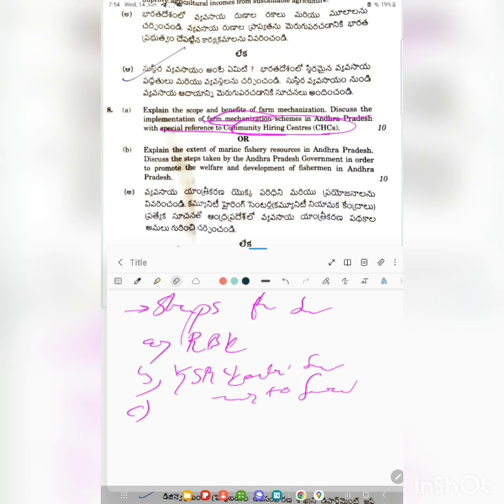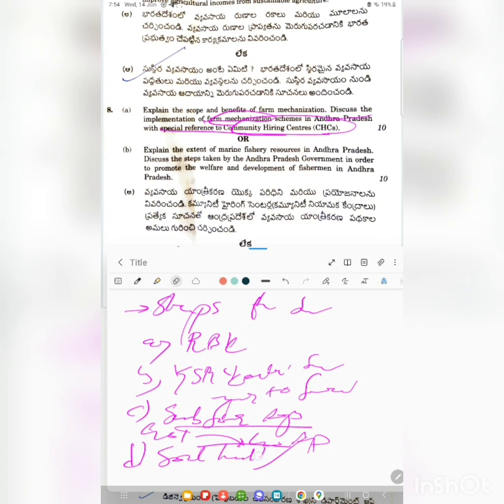And then I wrote about the sub-mission for agriculture. We get funds from the Government of India to the Government of AP for improving farm mechanization. And you can write about soil health labs in agriculture, which refers to YSR Agri testing labs, all those things.